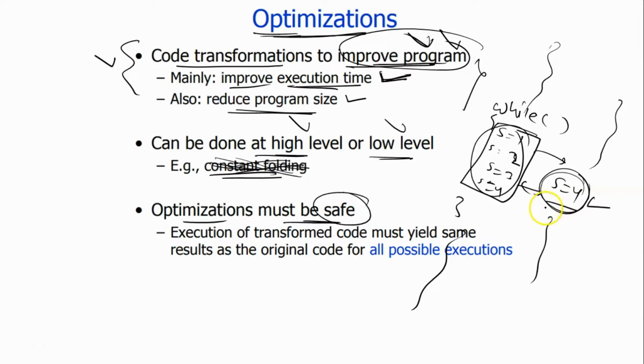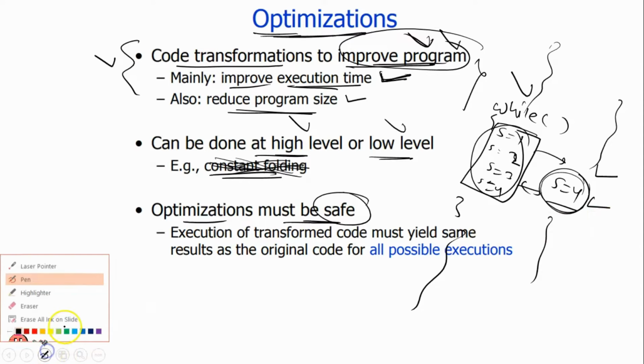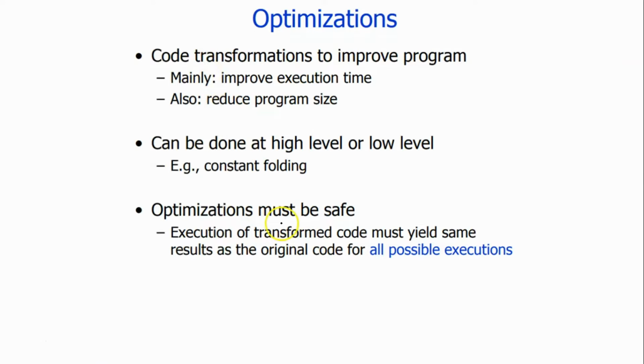Maybe your optimization is doing something, and when you are doing this optimization, for some execution this program is giving some output and the other program is giving some other output. This should not happen. Don't worry, we will take examples and all these points will be clear. So optimization must be safe.